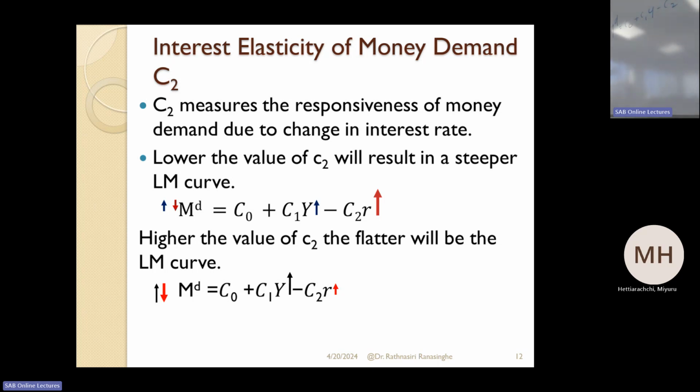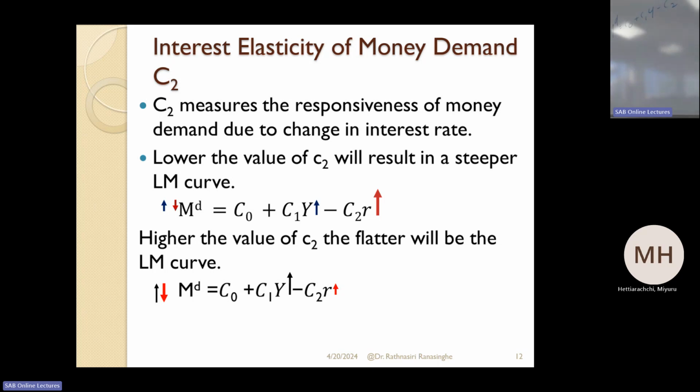With a higher rise in income, the transaction demand increases at a faster rate, which will offset the decline in money demand due to the rise in the interest rate. So the relationship is a small rise in the interest rate and a faster change in income.